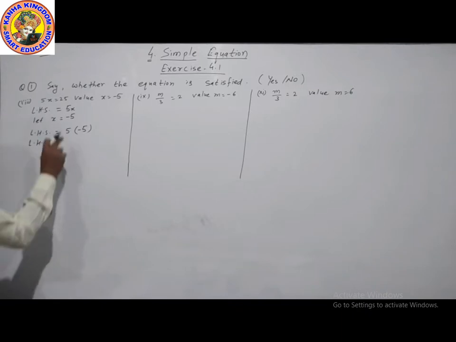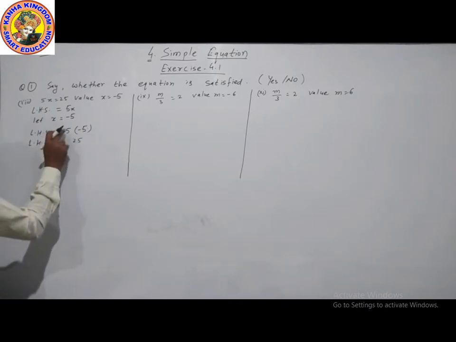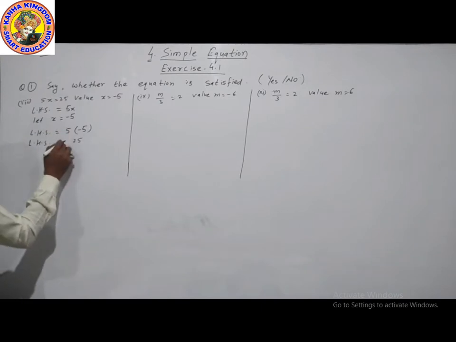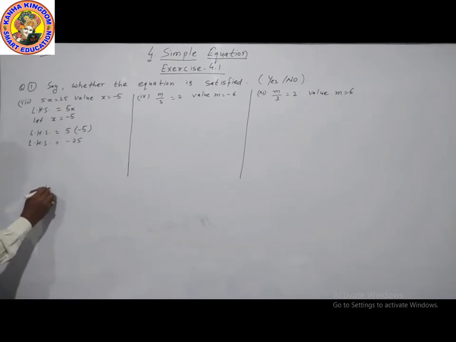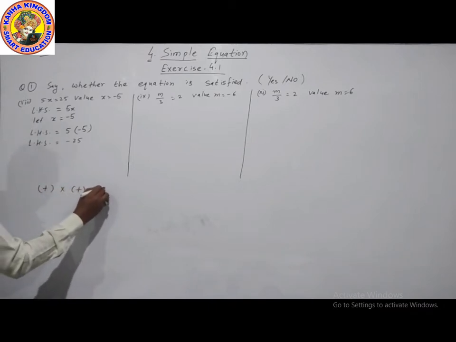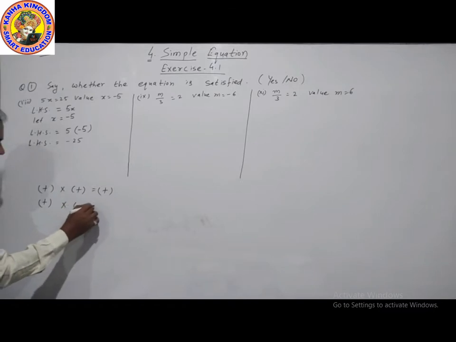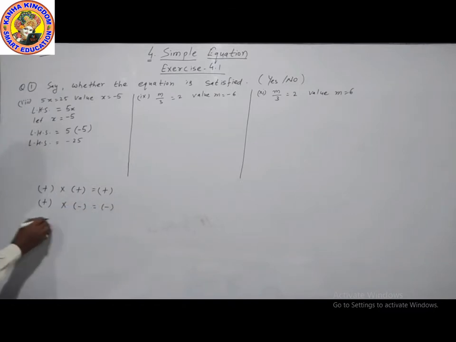Now 5 into 5 is 25, but plus into minus is minus. Plus multiplied by plus, answer is plus. When plus is multiplied by minus, answer is minus.